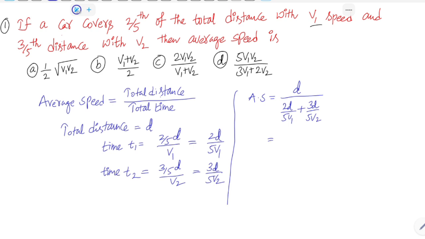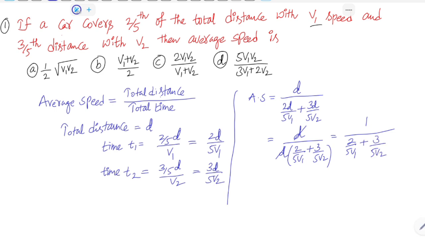Now from the denominator fractions you can take d common. So d by, if you take d common, you will get 2 by 5v1 plus 3 by 5v2. d cancels out here and you will have 1 by 2 by 5v1 plus 3 by 5v2.